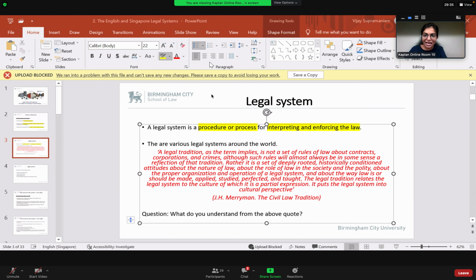Different countries have different legal systems. The two most common legal systems are number one, the common law system, and number two, the civil law system.